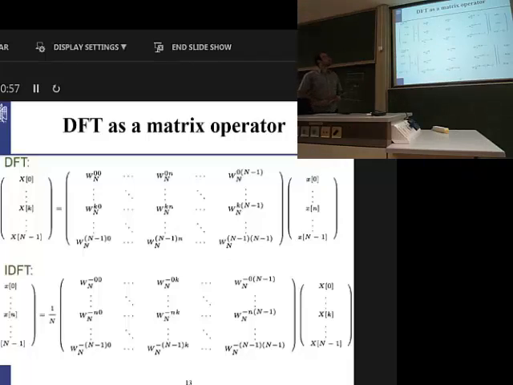We are also able to demonstrate these transforms as a matrix operation. When you want to implement it in MATLAB or in C code, the matrix form would be much easier, I think. So you have the DFT values of the signals for the main window, 0 to N minus 1.